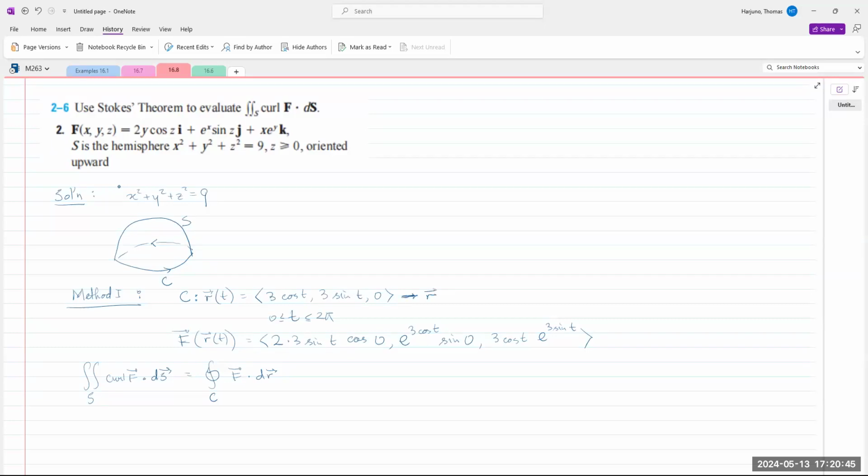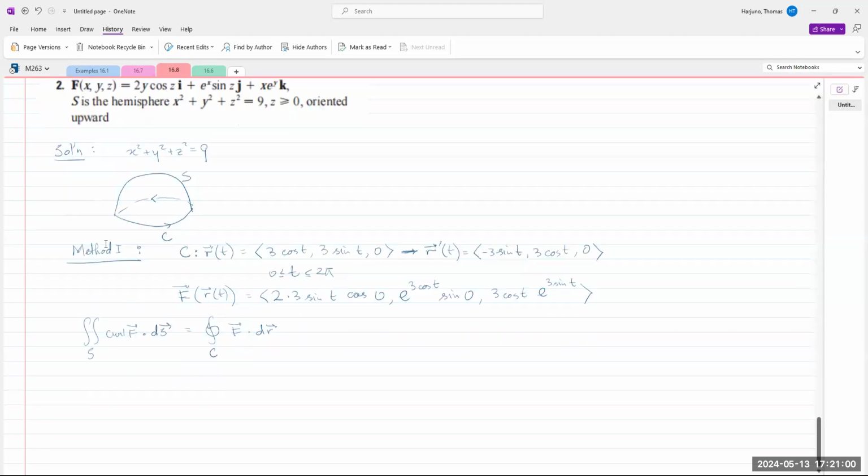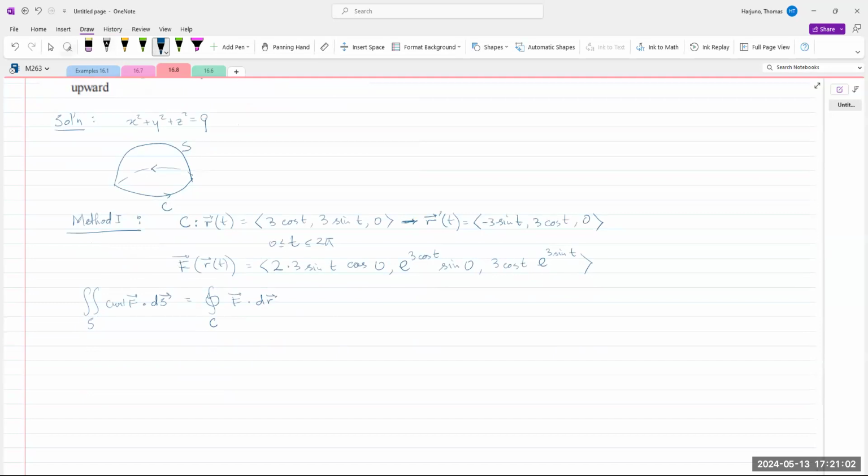So r prime t will be negative 3 sine t, 3 cosine t, 0. Okay, now notice what happened to the dot product. Let's do the dot product first.